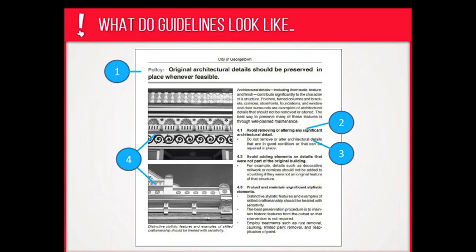Under the guideline statement is supplementary information that may include additional requirements or may provide an expanded explanation. In the example, the supplementary information explains that details in good condition or that could be repaired in place should not be removed. Lastly, and most importantly, illustrations are provided to clarify the intent of the guideline.